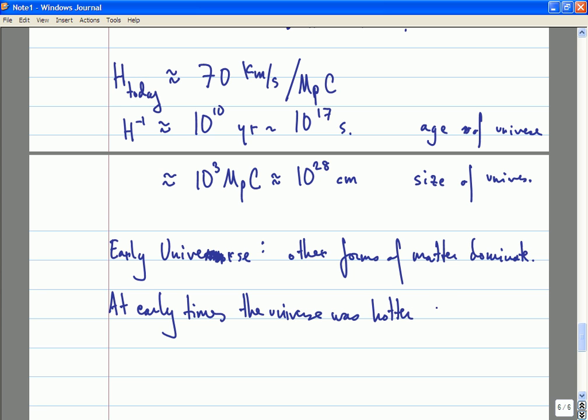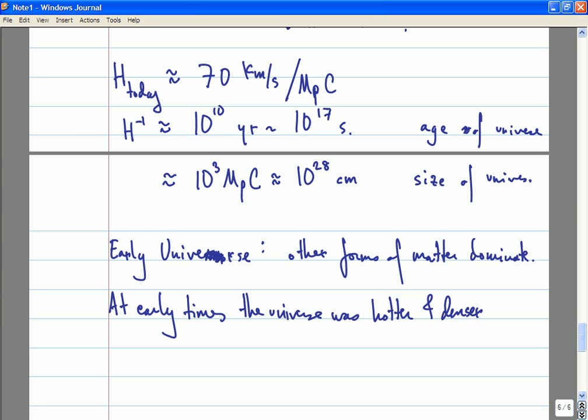Why denser? Well, you've got the same amount of matter packed into a smaller volume, and hotter because, well, if you pack a bunch of matter into a small volume, then its temperature will rise, and also the current observed temperature of the universe will need to be blue shifted as you go backwards in time, and so it will increase to some rather high values.